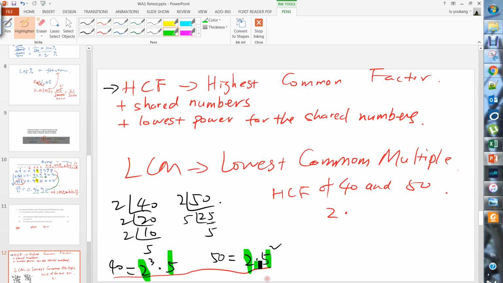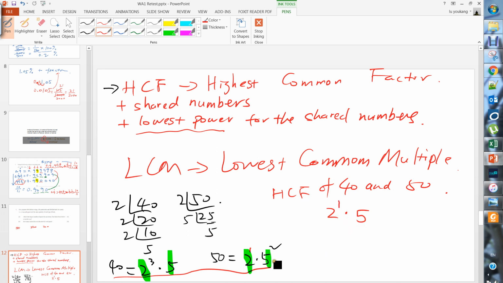Let's check. Yes, they both share 5. Then I should choose the lowest power for the shared term. You have 3 here and you have 1 here. When no power is written, it means 1. So I choose the lowest power, which is 1.